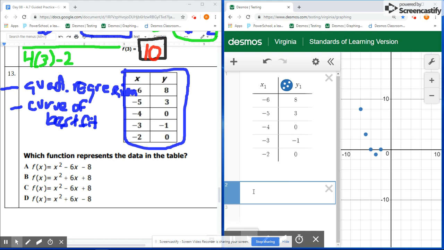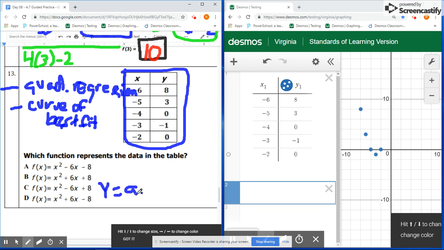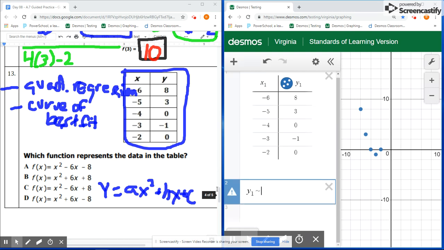So for the quadratic equation, remember a general quadratic equation is y equals ax squared plus bx plus c. Remember, that is a quadratic function in standard form. So here's what we need to type in to get our curve of best fit. We need to type y1, then we need to type the squiggle, I think it's called a tilde.